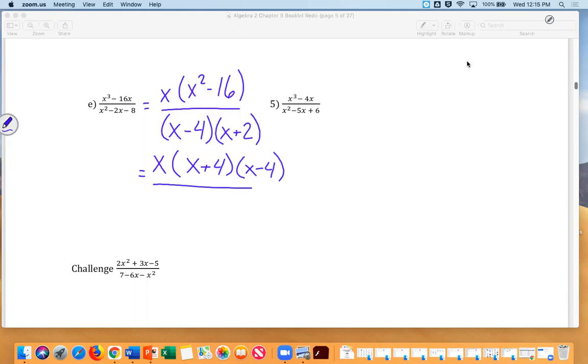And that's nice because on bottom, we have an x minus 4. So here, I cancel those out. And I have x times x plus 4 in the numerator and x plus 2 in the denominator.